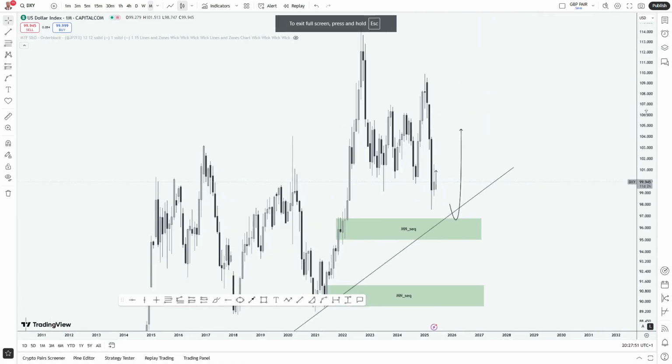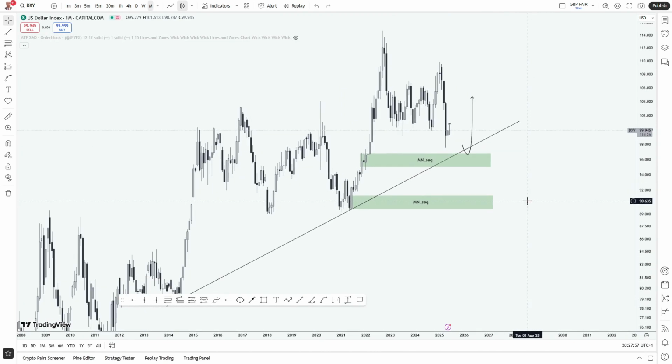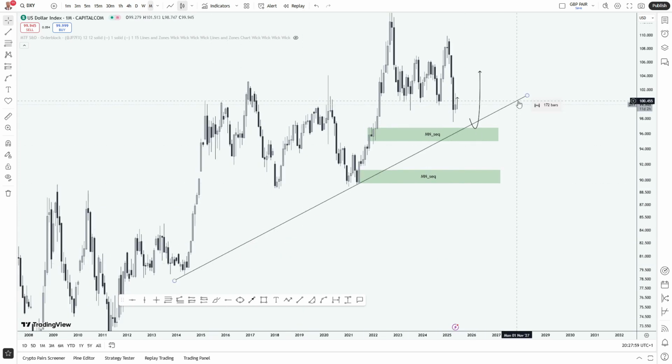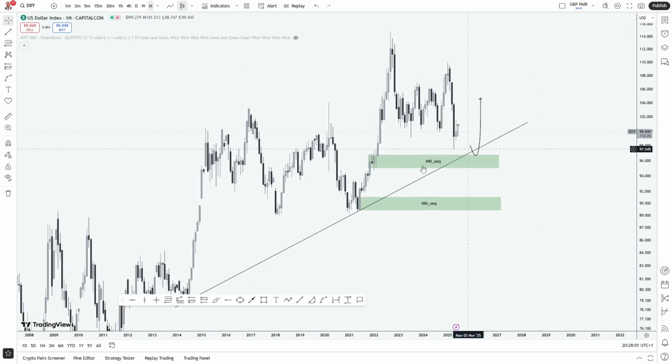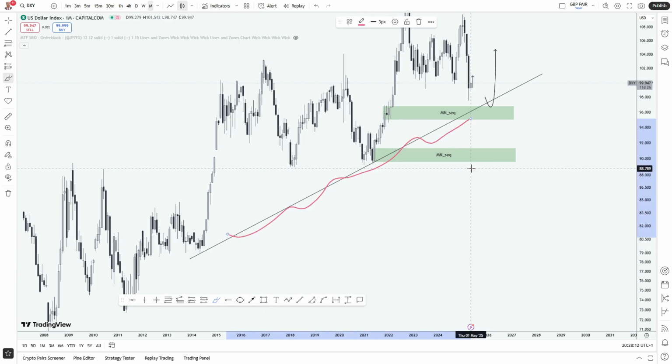Of course, we are technical traders, but we always keep an eye on the fundamentals. From the monthly here, we established that it's bullish. You can see that price has not violated this monthly bullish trend line going upwards.